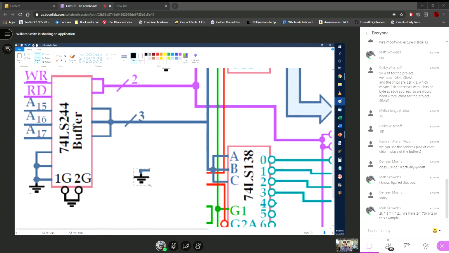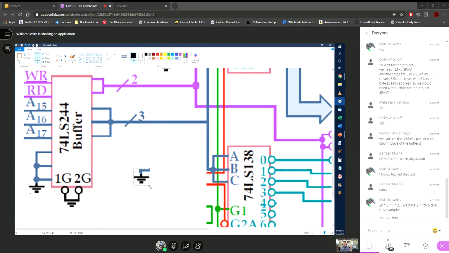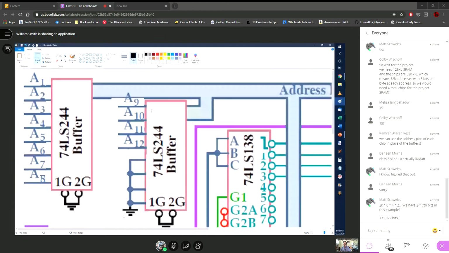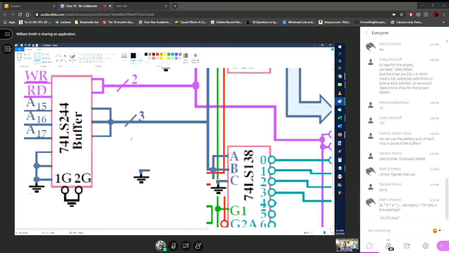What do we got going? 2K by 4. Hang on a second. Oh, look at that. Okay. So this ties C to ground here. And I only want A and B. And so this is going to go from 3 down to 2. Two bits, not 3.